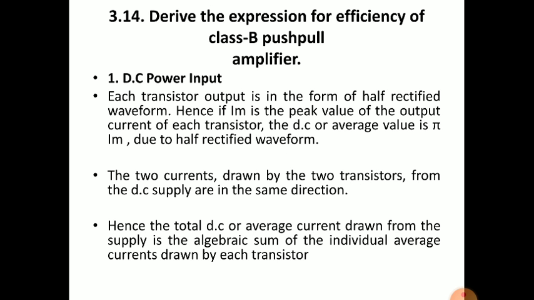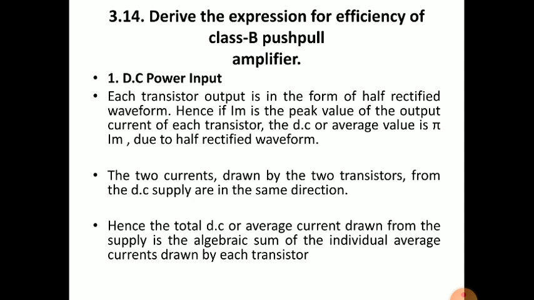So each transistor output is in the form of half rectified waveform. Hence, if Im is the peak value of the output current of each transistor, the DC or average value is Im by pi due to half rectified waveform. The two currents drawn by the two transistors from the DC supply are in the same direction.